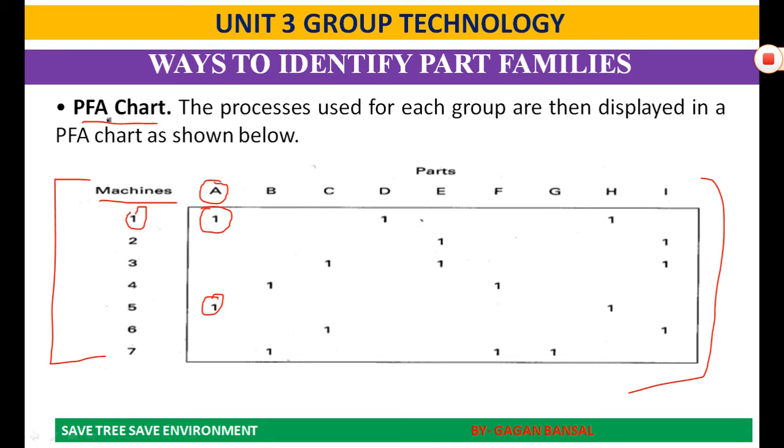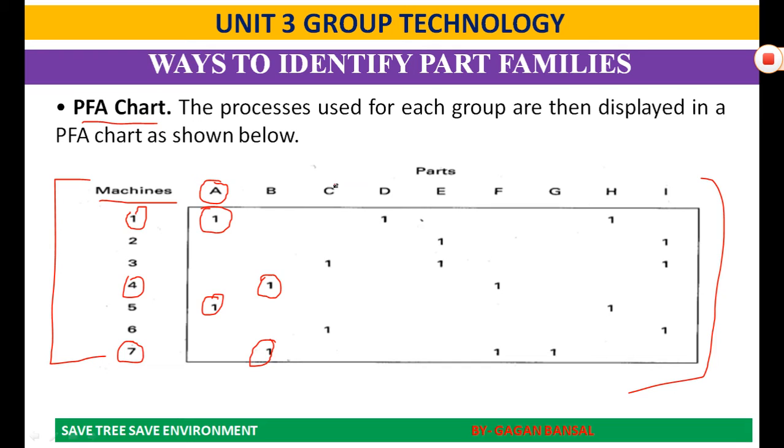So this is the PFA chart. Similarly, for part B, here it is 1, that means it uses machine 4, and in making part B we also use machine 7. These machines 1 to 7 can be any process: drilling, machining, boring, anything. So based on that we have different machines, and based on the operation we have the part.